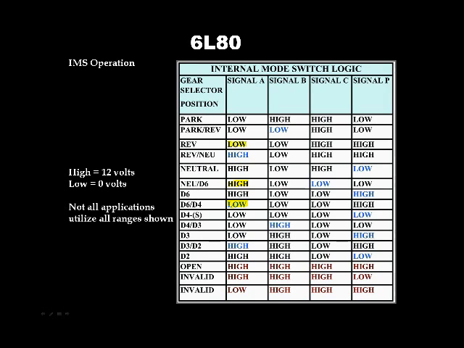The whole idea behind that is so that we can determine that you're actually moving the switch and which direction you're moving the switch to. So we know when the customer is moving the shift lever, and we know which direction he's moving it based on what this switch assembly does.